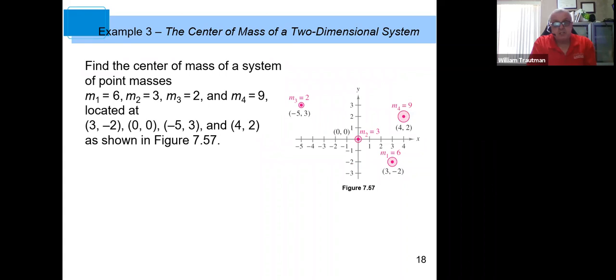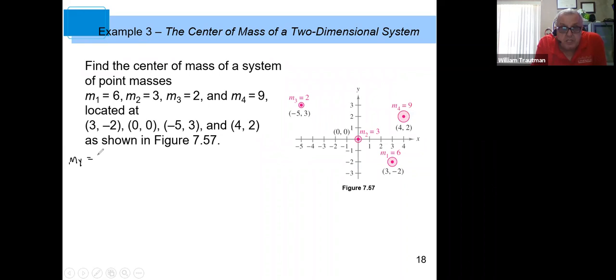Find the center of mass of the system of point masses located at these points. Okay, so we are going to find the moment about y first.